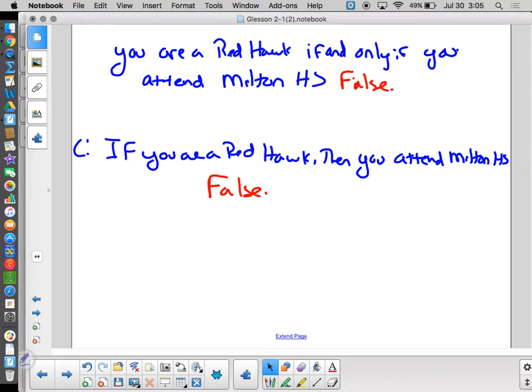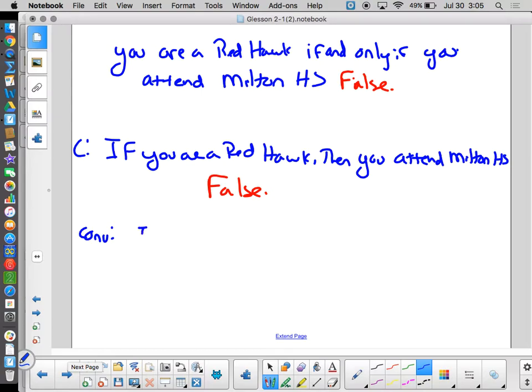But let's finish the job. Let's state what the converse would be. The converse would be if you attend, and I'm going to abbreviate here, Milton High School, then you are a red hawk.